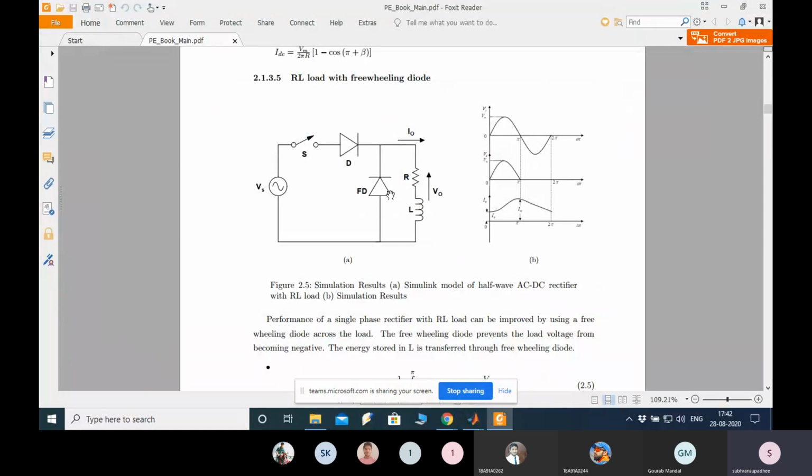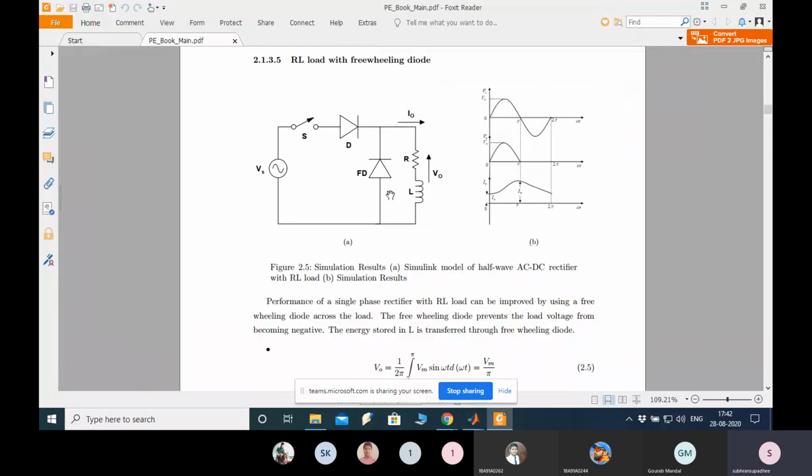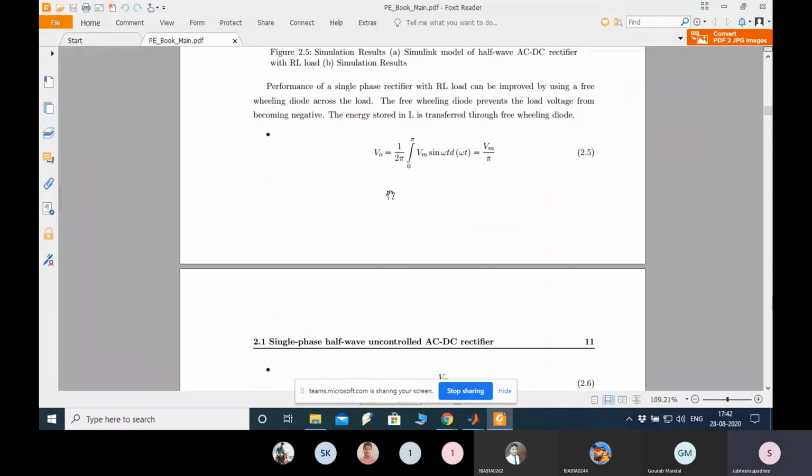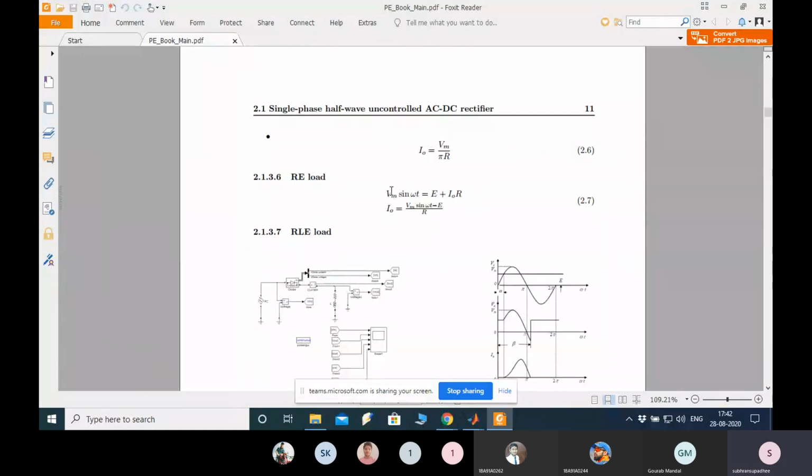D is the diode and FD is the freewheeling diode. Measurement and the calculation is shown over here. V0 equal to Vm by pi. I0 equal to Vm by pi R. Similarly, you can do for RE load as well as RLE load.